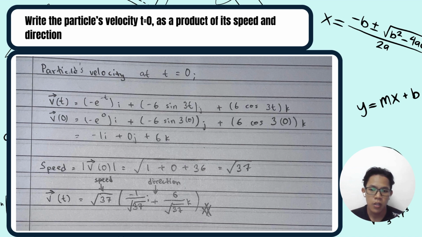The speed is square root 37, and the direction is negative 1 over square root 37 i plus 6 over square root 37 k. Thank you.